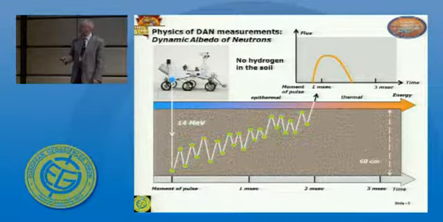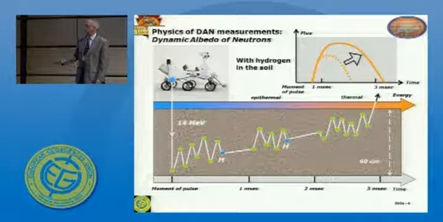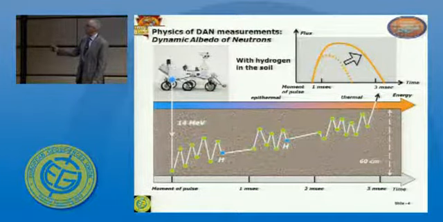In case of the presence of hydrogen, I just want to remind you that hydrogen has a proton as its nucleus, and proton and neutron are the same nucleons. In the case of collision with a proton, a neutron loses a lot of energy, goes more rapidly to the thermalization end of this curve, and spends longer time because of smaller velocity in the subsurface.